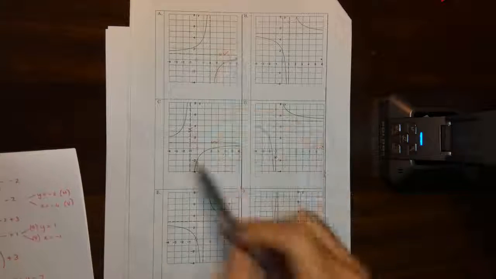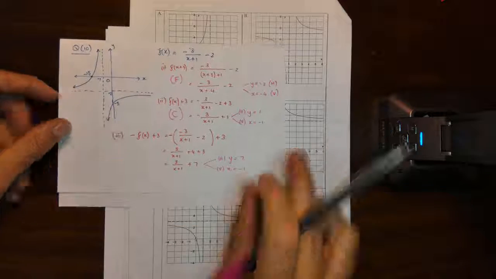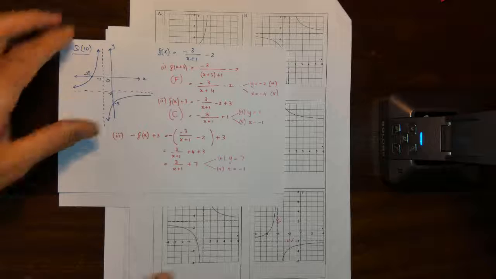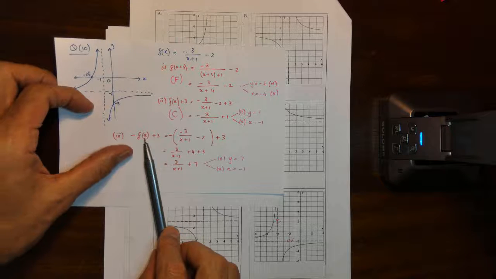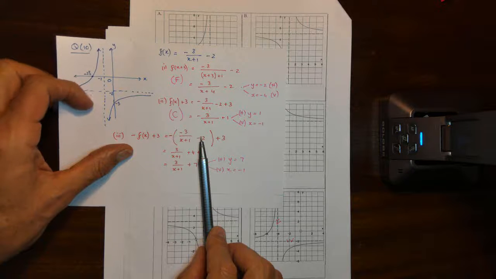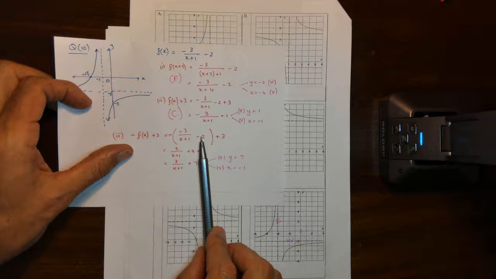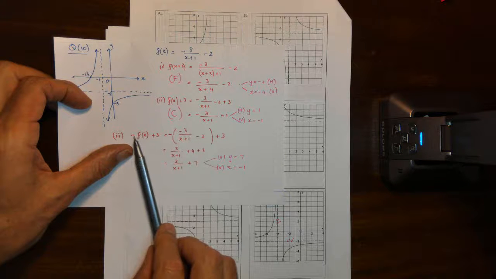The other one we don't have. So let us just see if we calculated our horizontal asymptote correctly. For this one, we had to reflect it in the x-axis, because the y values became minus y values.